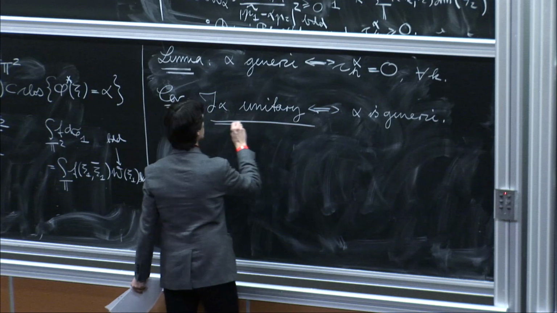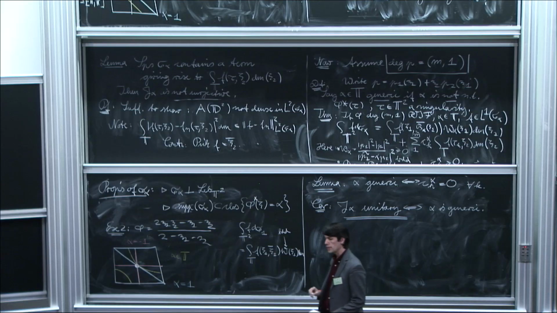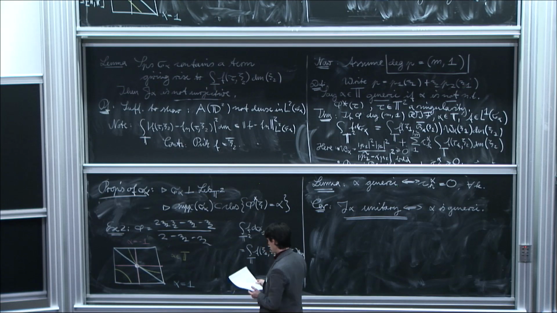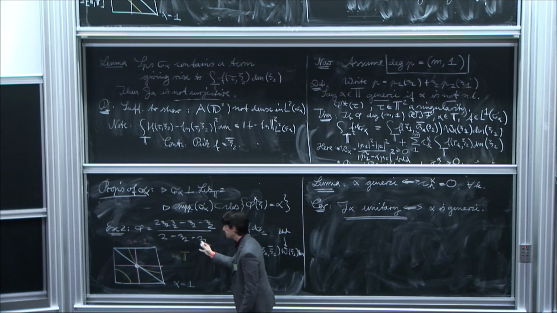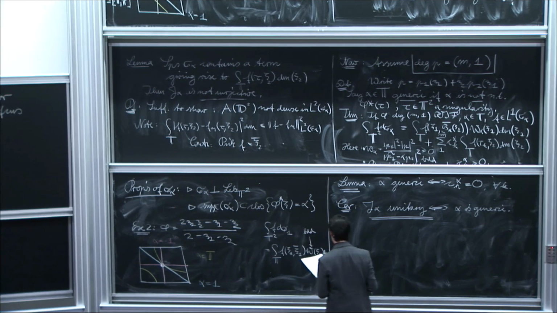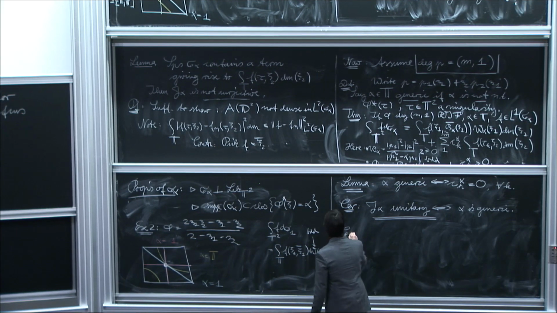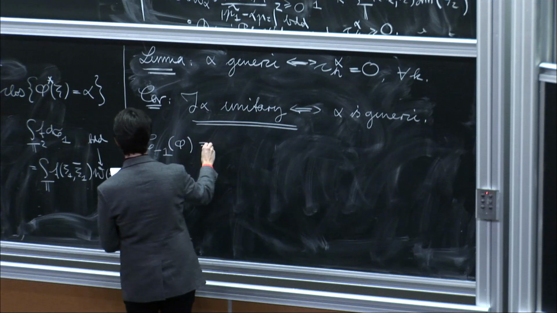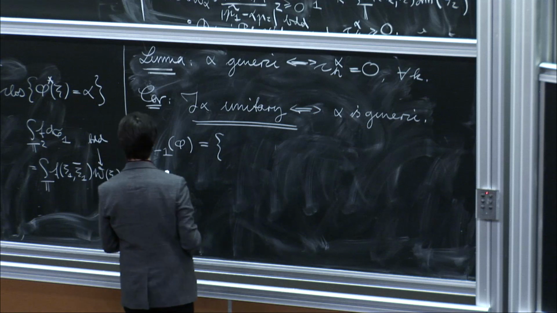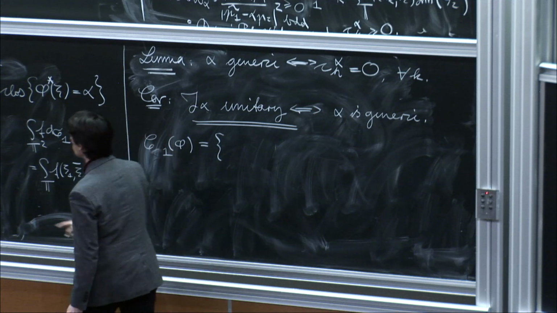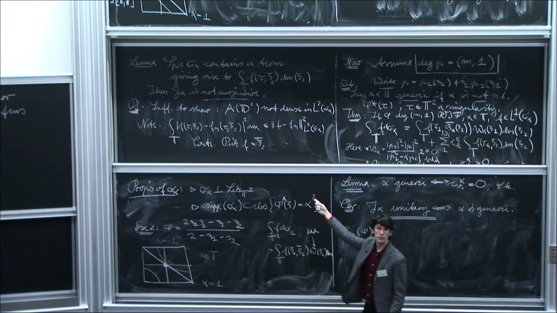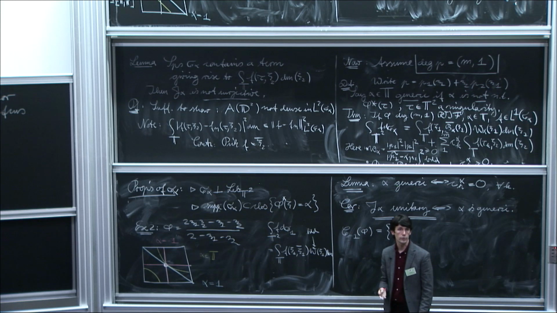Well, I'm not going to give you the proof in detail, but I'm going to explain what the reasoning here is. We noted that C minus 1 for this example was this cross, and so the lemma covers that situation and says that the embedding is not going to be unitary.